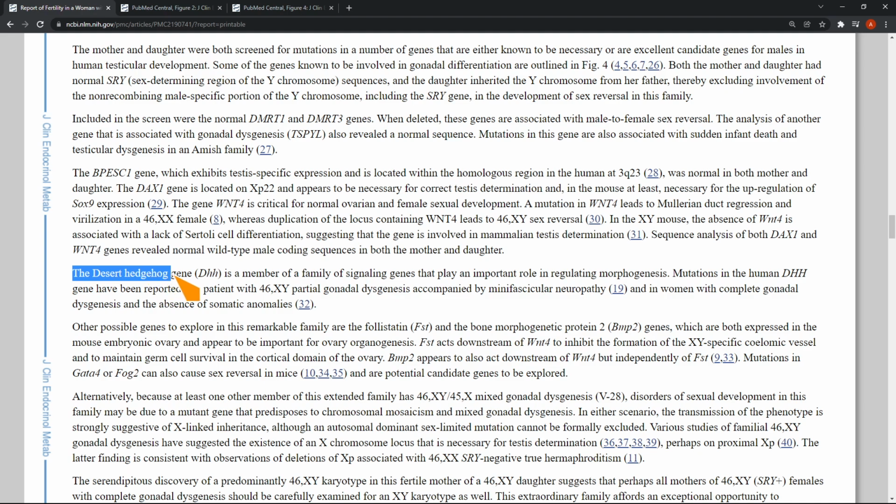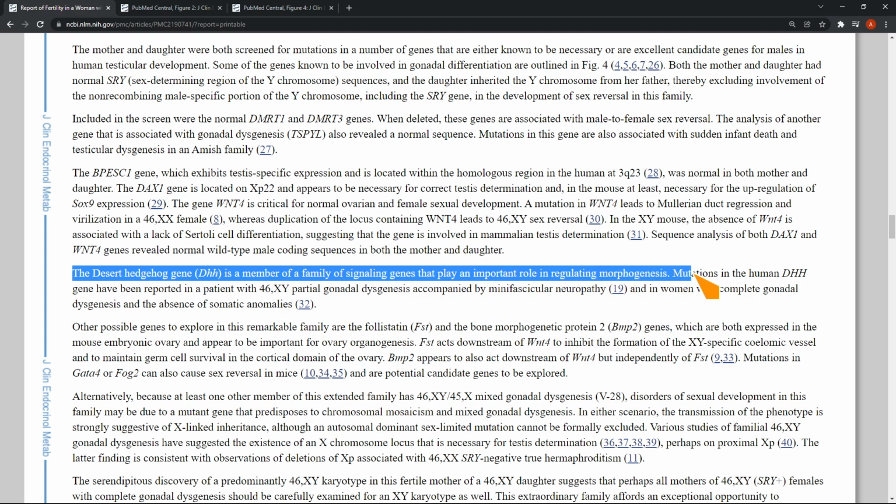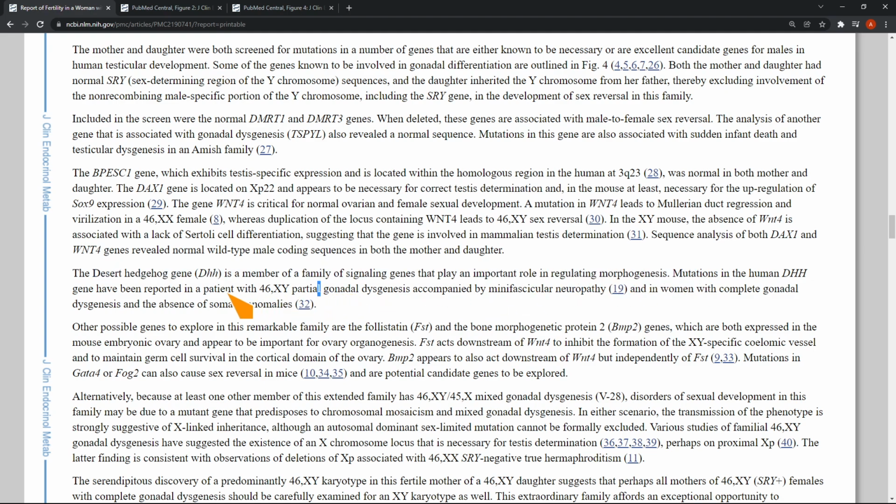Wild. The desert hedgehog gene, DHH, is a member of the family of signaling genes, playing an important role in morphogenesis, and so on. Mutations in this gene are reported with partial gonadal dysgenesis and in women with complete gonadal dysgenesis.